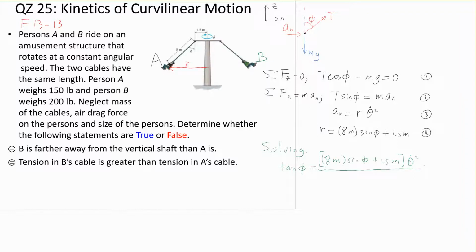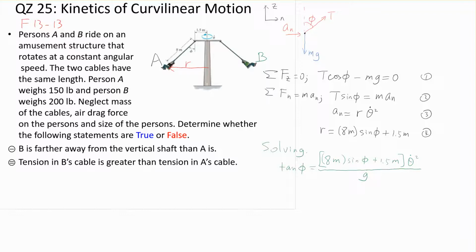And from the first two equations, we can get tangent phi is equal to a sub n divided by the gravitational acceleration g. So in this equation, we have only phi as the unknown, and one parameter is the angular speed, theta dot, which tells us as long as we fix the angular speed, we have a unique solution for phi, even though we're not showing that solution explicitly.